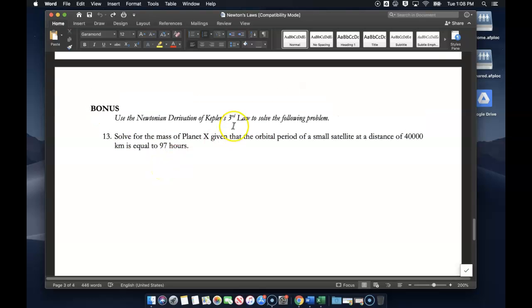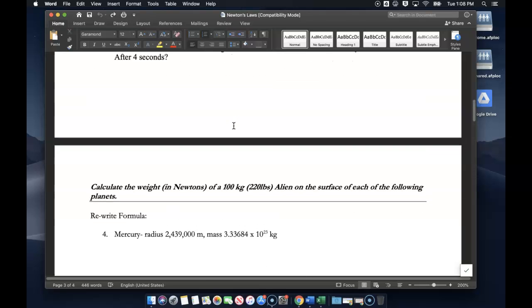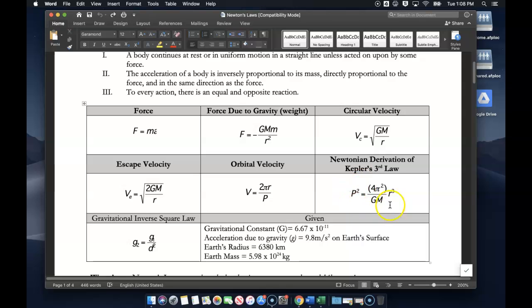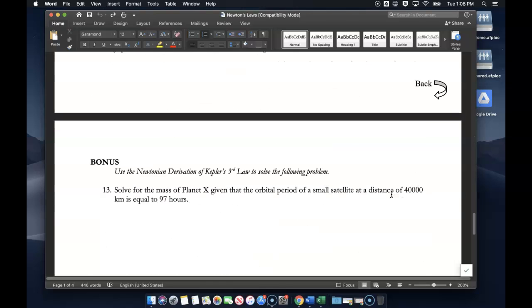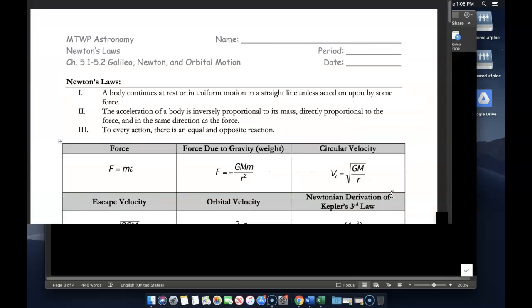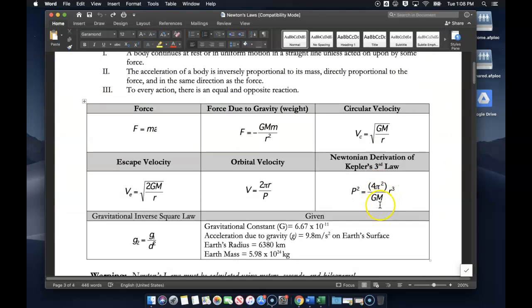And then you're going to need to move this equation around first to solve for R. And then once you've got that, to solve for mass, big M. So you're going to solve for big M here first, move this equation around, and then plug everything in.